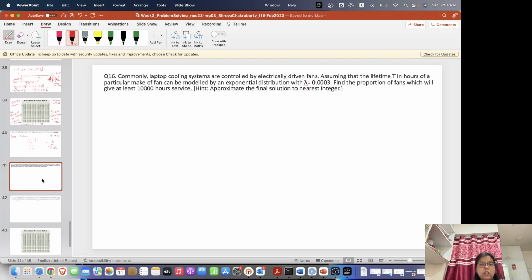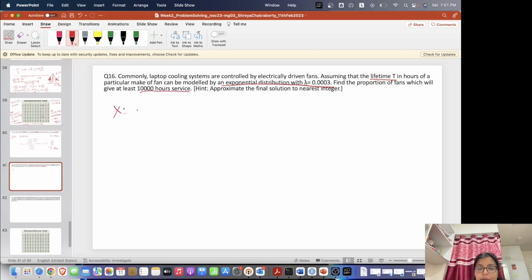So here, if you read the question, laptop cooling systems are controlled by electrically driven fans. Assuming that the lifetime T in hours can be modeled by an exponential distribution with lambda this value, find the proportion of fans which will give at least 10,000 hours of service.